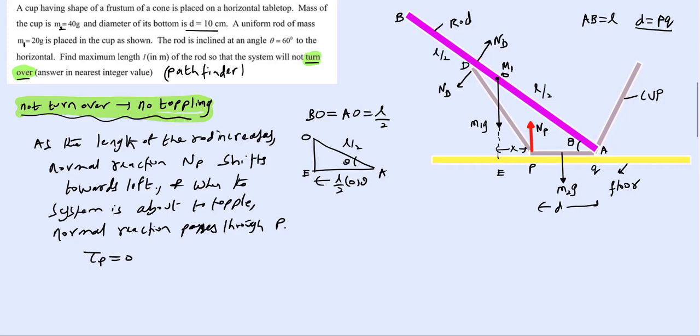Okay, now we'll write down the torque about point P. Net torque about point P should include the torque due to the weight of the rod, M1G into X, anti-clockwise. How is it about point P? The torque due to the weight M1G, you can see this is R bar, this is M1G, so it will be anti-clockwise, with M1G into the perpendicular distance.